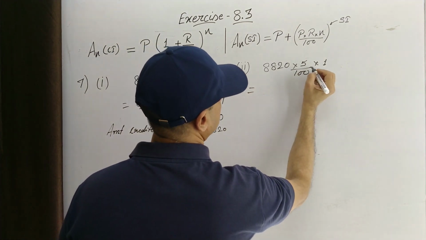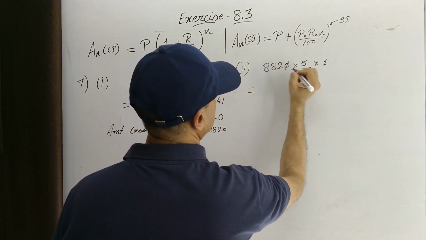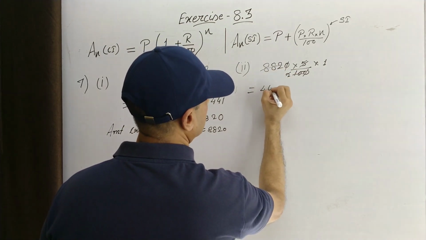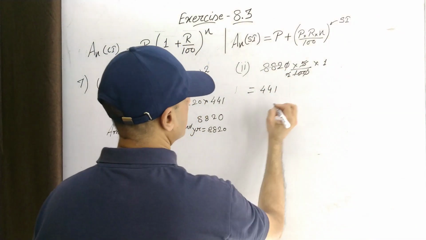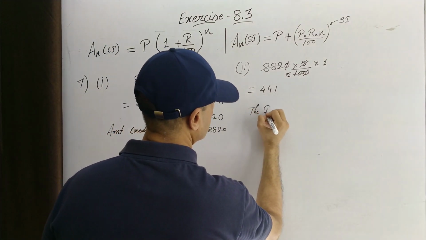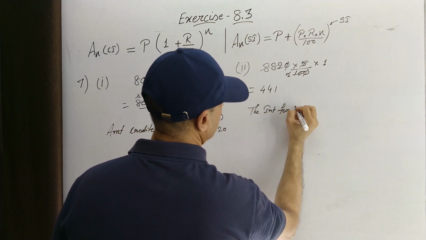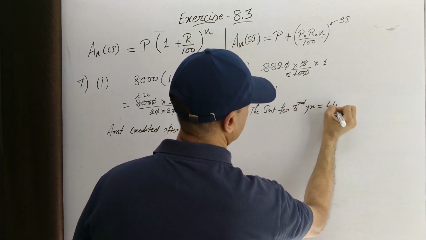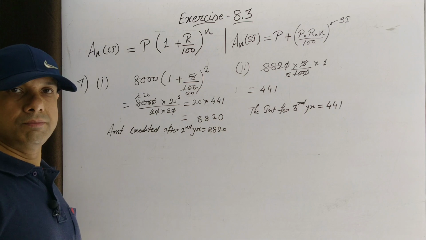So the amount is 441. The interest for third year is equal to 441 rupees. Clear?